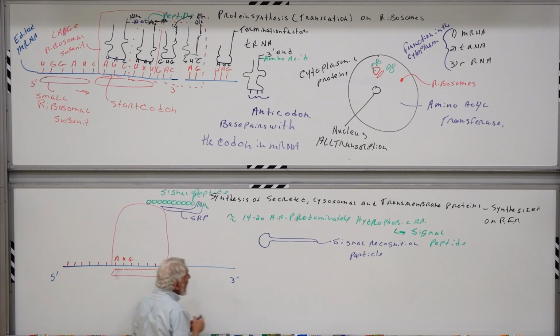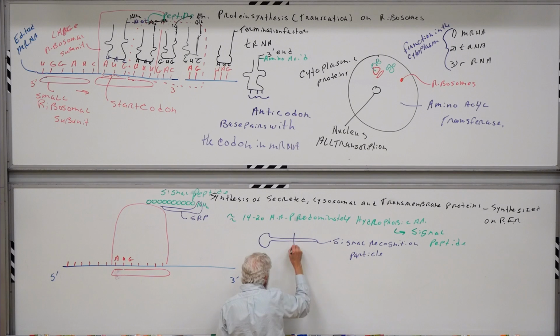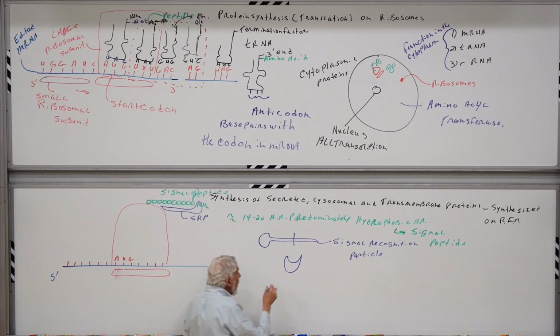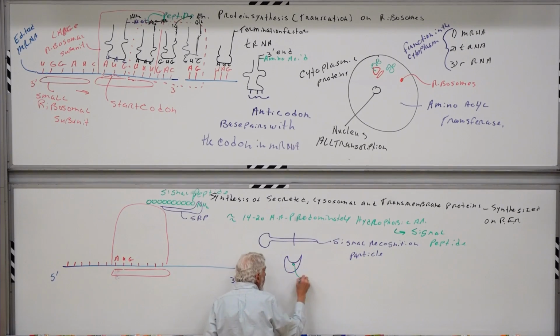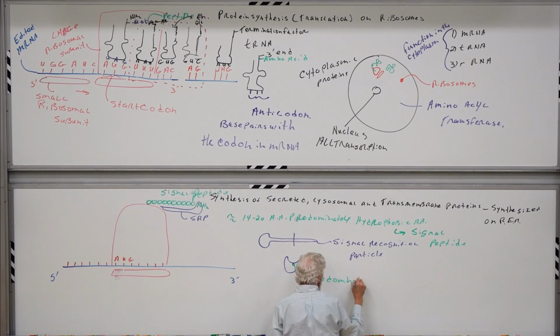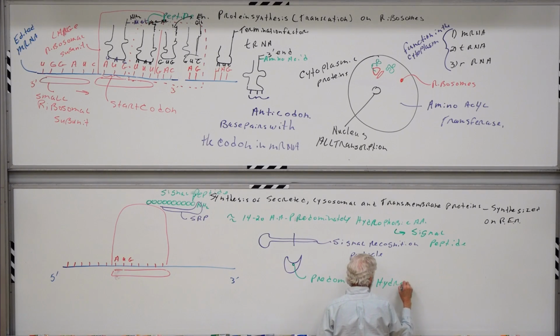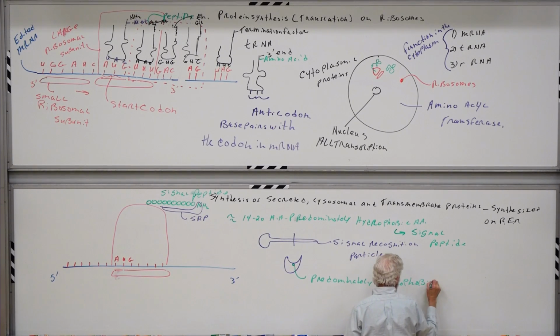Now, if we cut a section through this guppy, we find that if we cut a section through the tail and we look at it end on, it looks like a half pipe. And at the bottom of that half pipe is a sequence of amino acids which are predominantly hydrophobic amino acids.